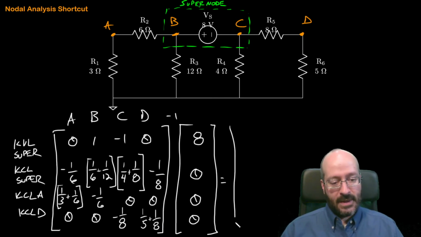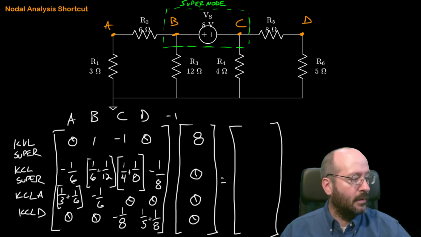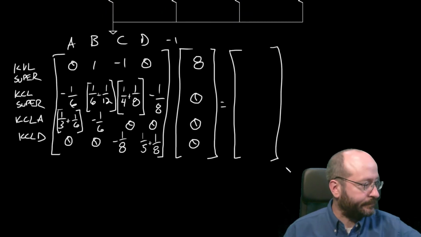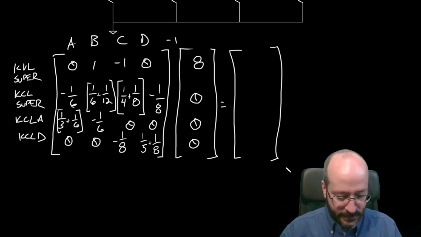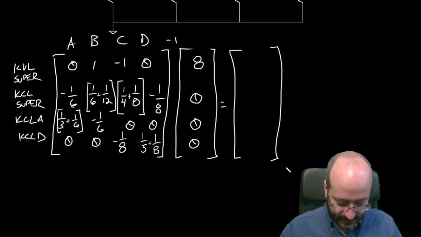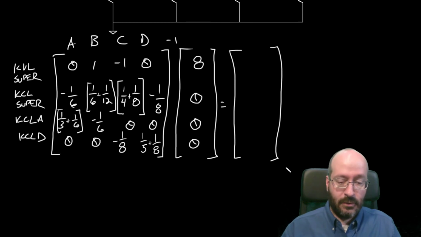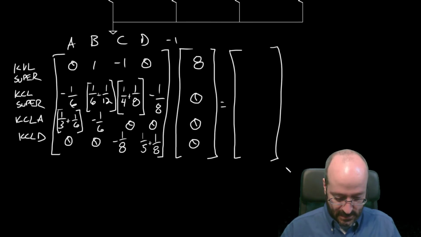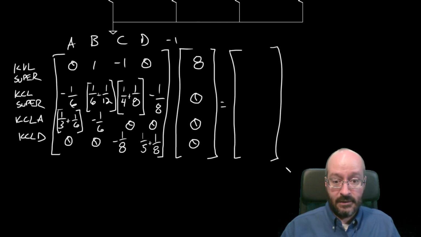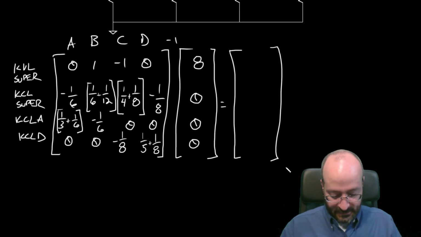Okay, so let's go ahead and calculate that. Supernode's not that big a deal when it comes to the shortcut. I'm hoping you feel that too. If not, practice, practice, practice. 0, 1, -1, 0, 8. -6 inverted, 6 inverted, 12 inverted, 4 inverted, 8 inverted, negative 8 inverted, 0, 3 inverted, 6 inverted.